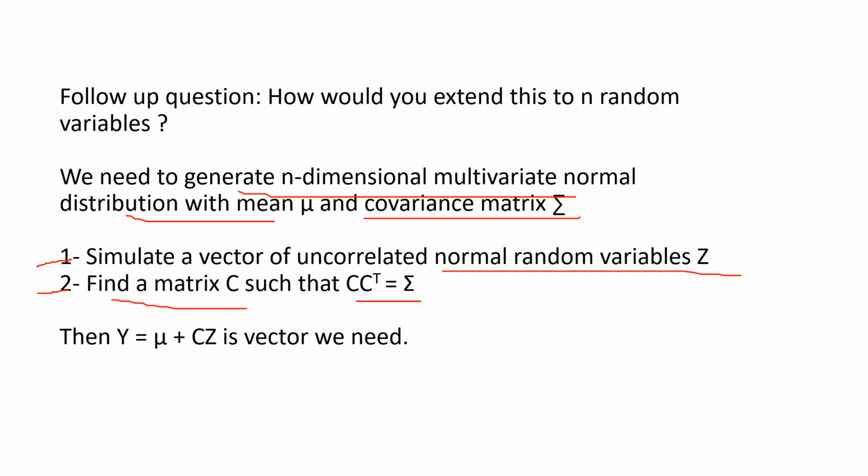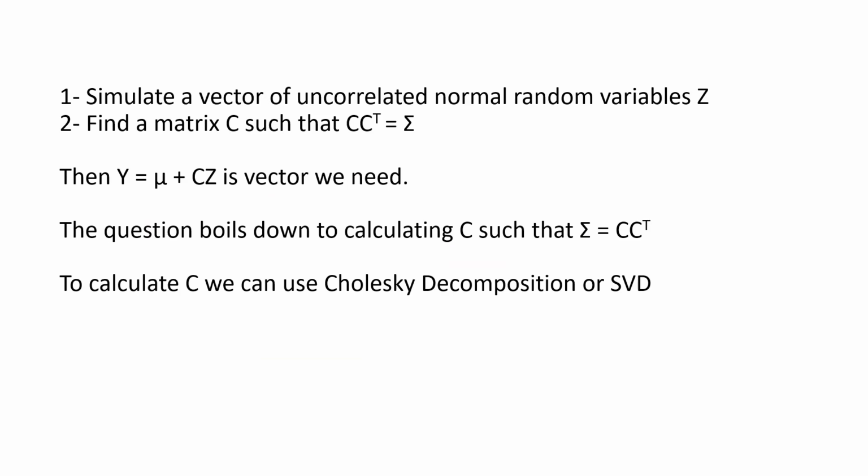And once we have C, the required vector which we are looking for is Y is equal to mu, which is the mean, plus C times the vector Z. And to calculate the matrix C, we can either use Cholesky decomposition or singular value decomposition.